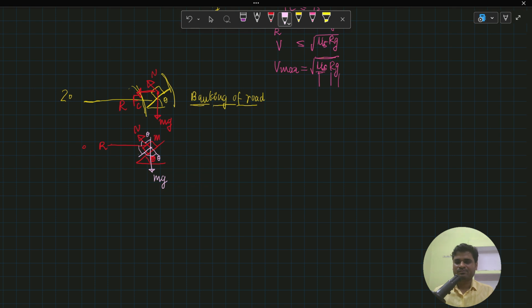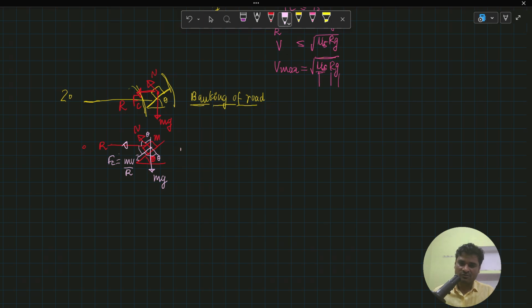So we can say that the centripetal force Fc should be mv square by r, and that can be provided only by the normal force.